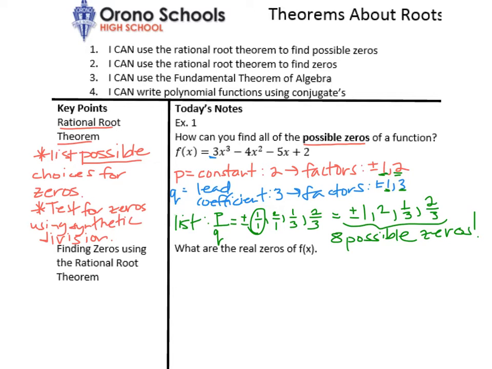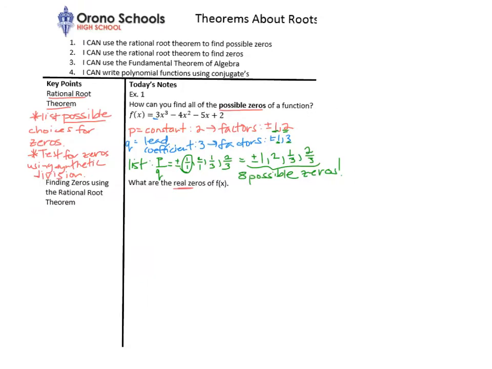f of x is only a cubic function, which means there can be at most 3 zeros. To figure out what our real zeros are, we'll test those possible choices with synthetic division.